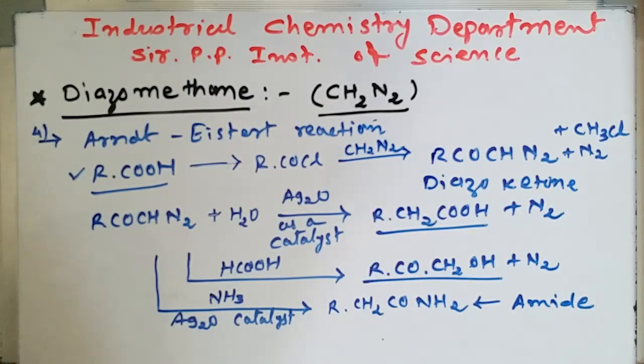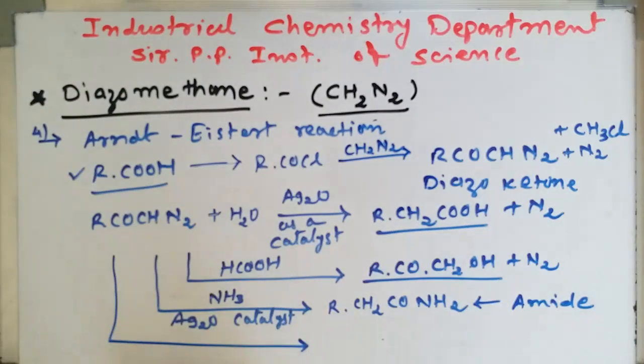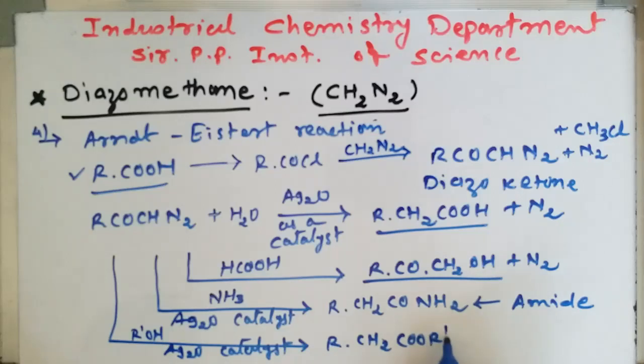And if this diazoketone is isolated, there is one more reaction: alcohol is treated in presence of Ag2O as catalyst, then it is converted into ester, RCH2COOR', where R' is from the alcohol.